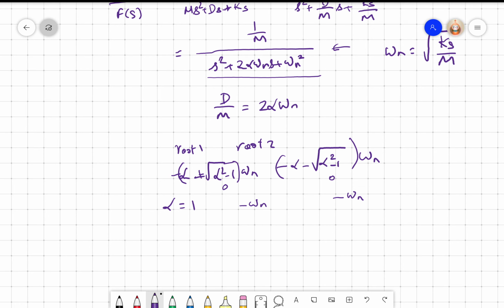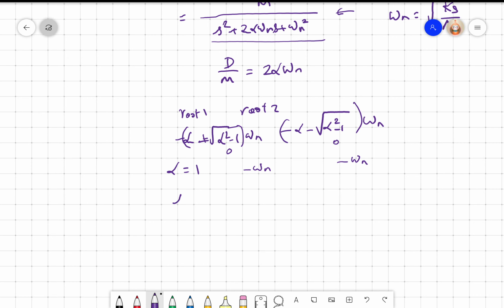If alpha is greater than 1, then this would be some root 1, this would be some root 2. Of course, I will get both real roots. When alpha is less than 1, both will be complex roots, right?